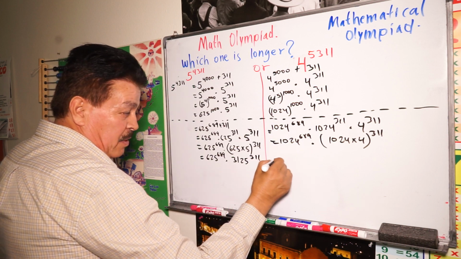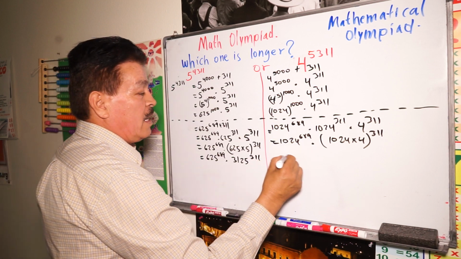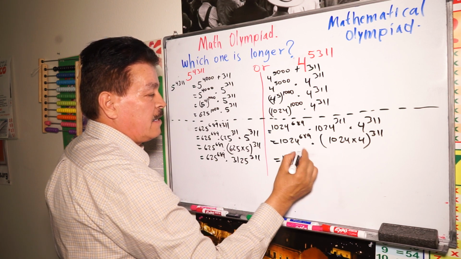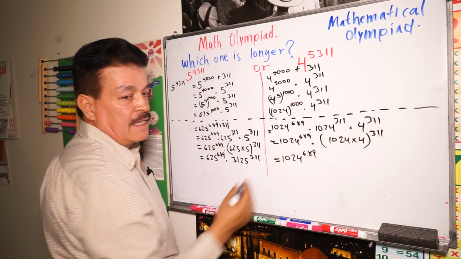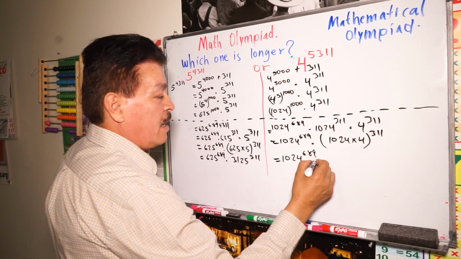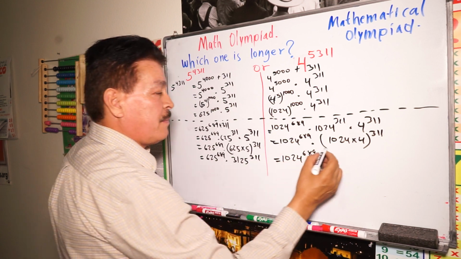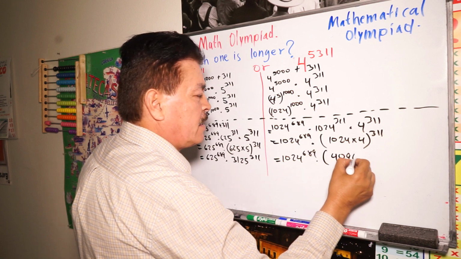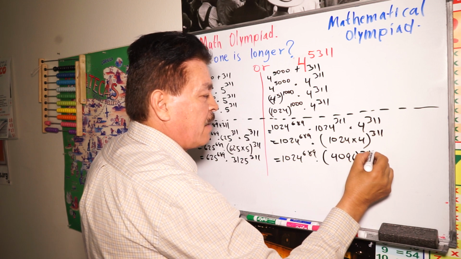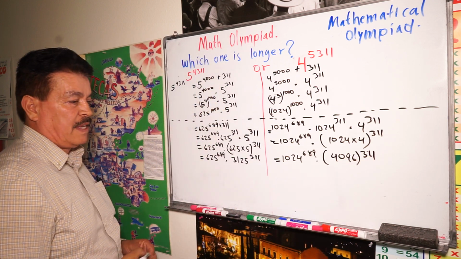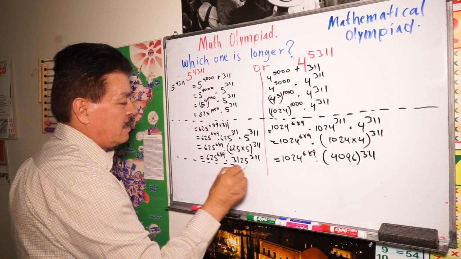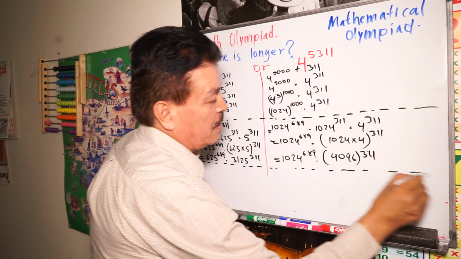This side we are going to have 1024 to the 689 times 4096 to the 311. Okay, let me divide it right here, because there is some division here.